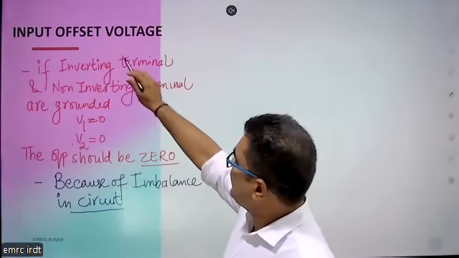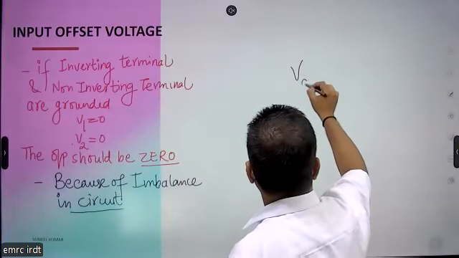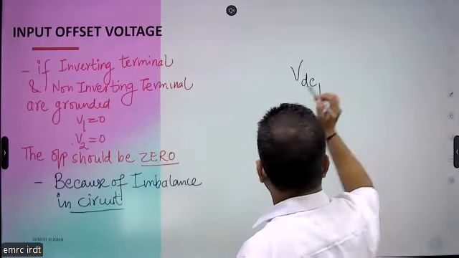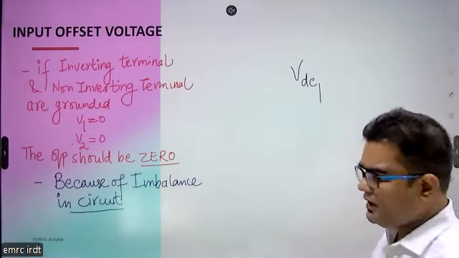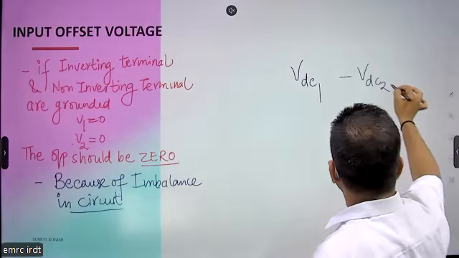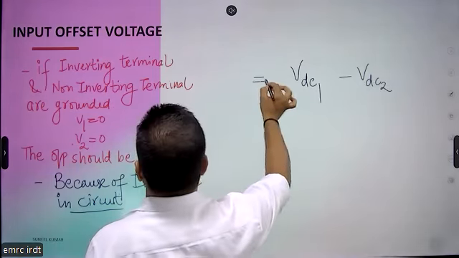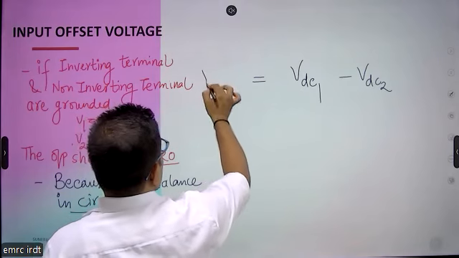So this is known as the input offset voltage. We are having some value because of the DC voltage connected at pin 7 and pin 4. The difference of these two values, VDC1 minus VDC2, is known as the input offset voltage.